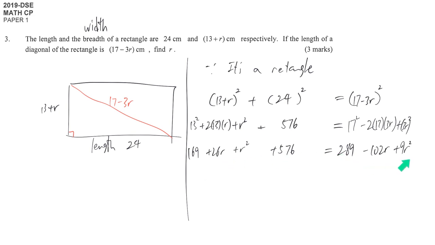We analyze this equation. We find that both r squared and r exist here, so most probably we are going to solve a quadratic equation. To handle a quadratic equation, we will keep one side 0 and put all the terms on the other side. So that's why we tidy up all the things.